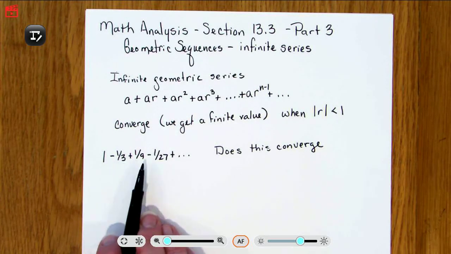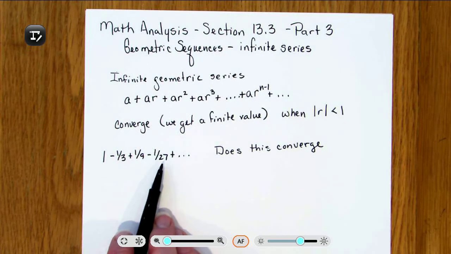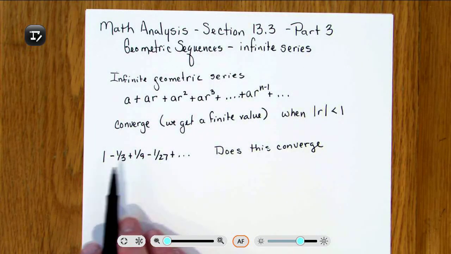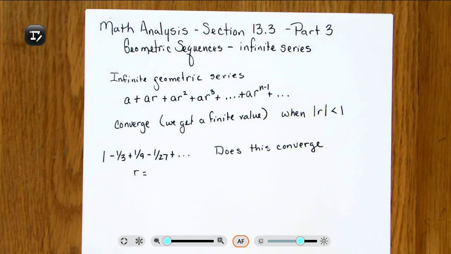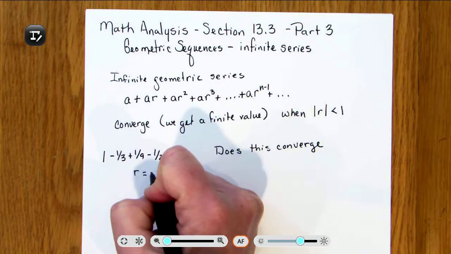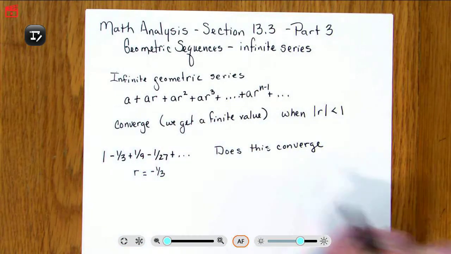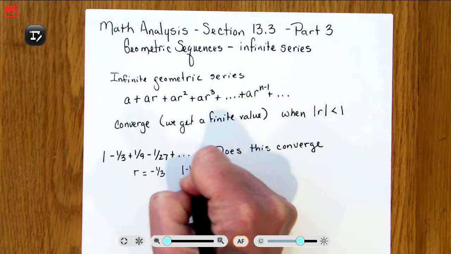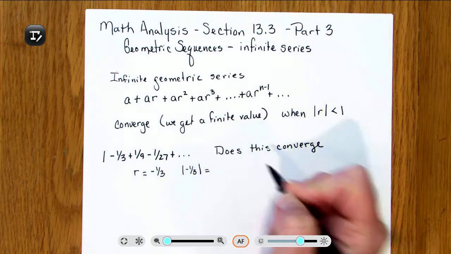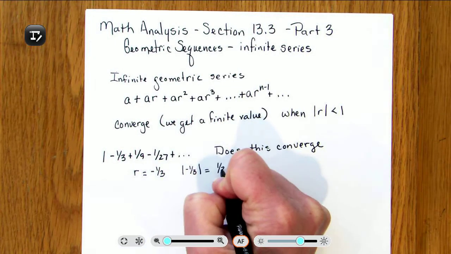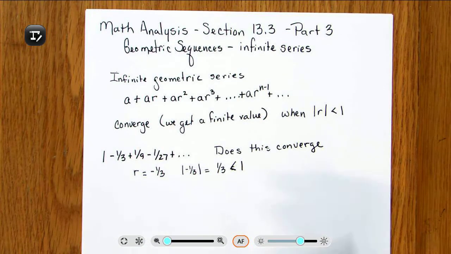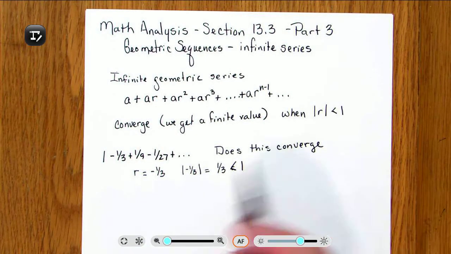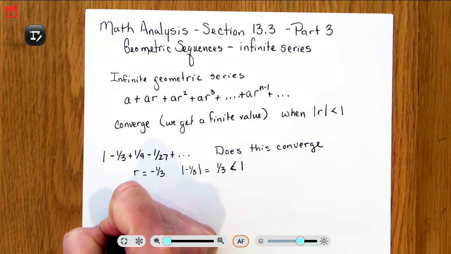So when we look at our terms, are they being multiplied by something? And they are. And the common ratio, the number that they are being multiplied by, is negative 1/3. And in absolute value, that negative 1/3 is 1/3, which is smaller than 1.